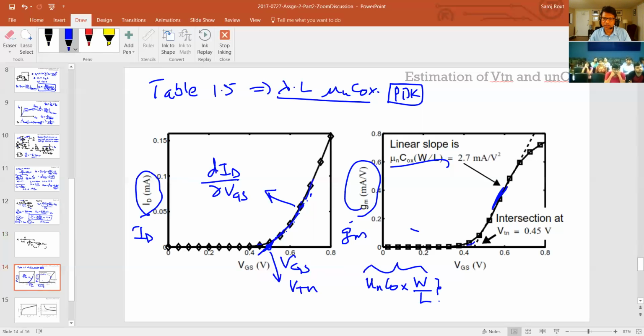And you know W over L because that's what you use. So you take the slope and divide it by W over L, and that'll give you mu n Cox, okay? If you're getting a little confused right now, just write the equation. You'll see how the linear slope comes into the picture.